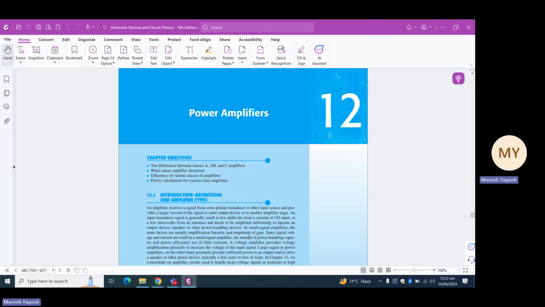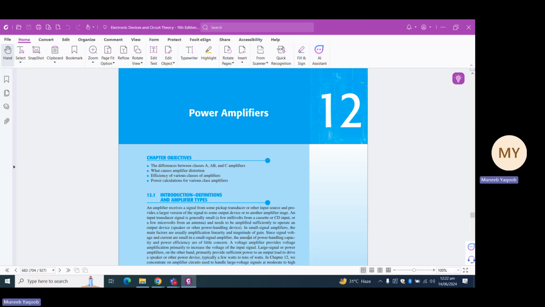What are power amplifiers? Power amplifiers are basically the amplifiers that perform both the current and the voltage amplifications. For example, in bipolar junction transistors, common emitter amplifiers are the power amplifiers. Why?